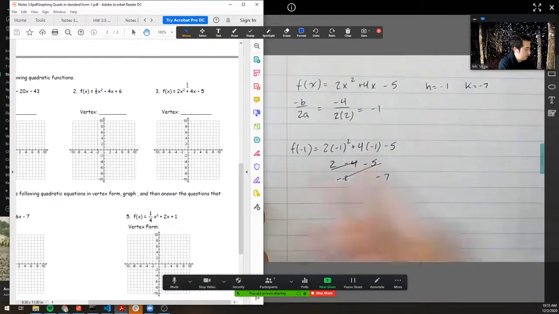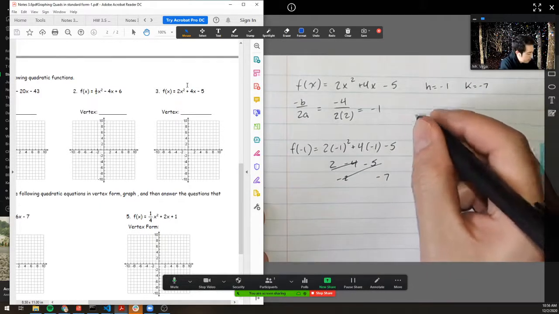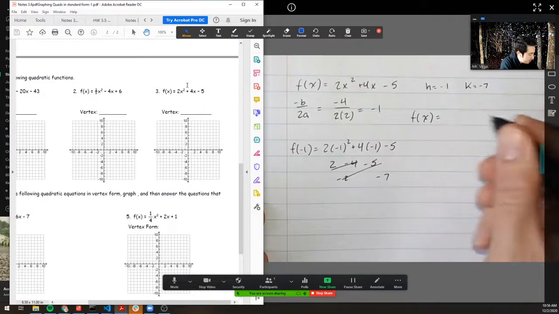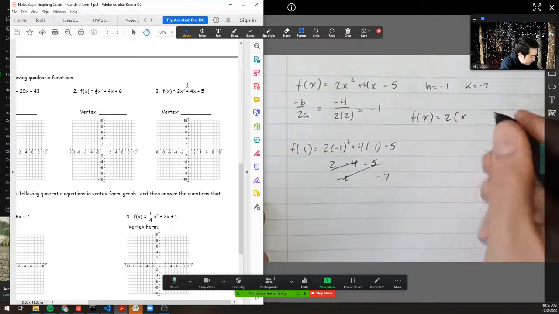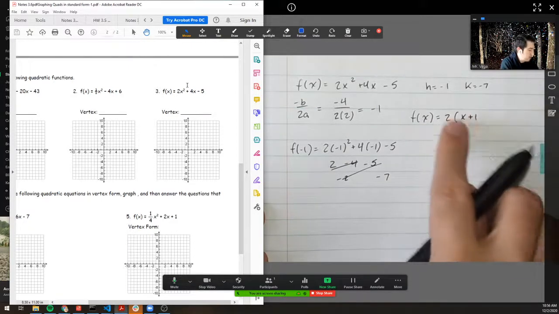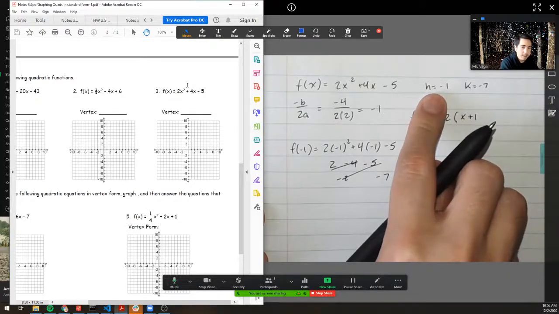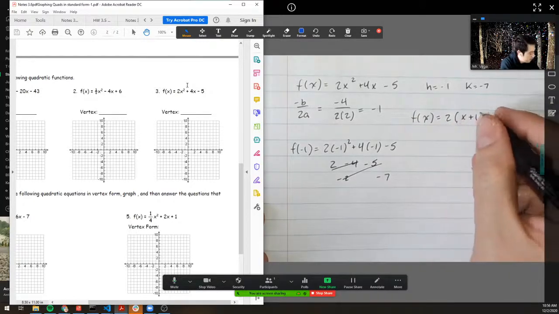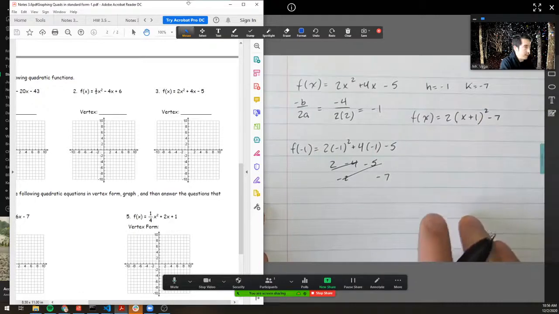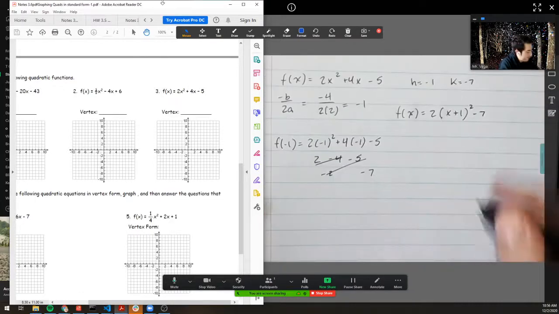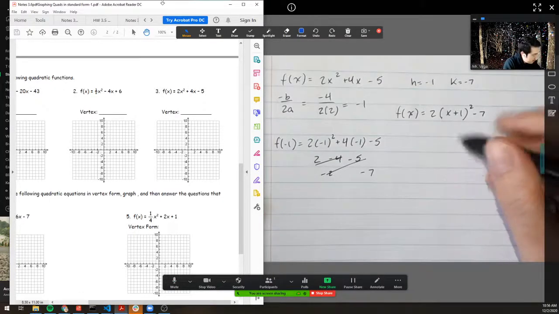So then just put it together in vertex form. f of x equals the a value times x minus h. Here h is negative 1, so x plus 1 squared minus 7. So I'm just going to graph that. It's opening up.